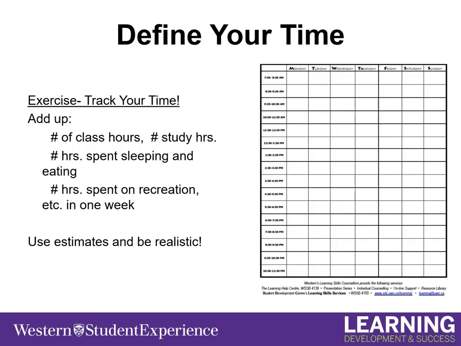When you think of how many hours are in the week, and then you add up all of those hours, then you have a sense of how much time is dedicated to academics, to personal, and you have a better sense of where your time's going.